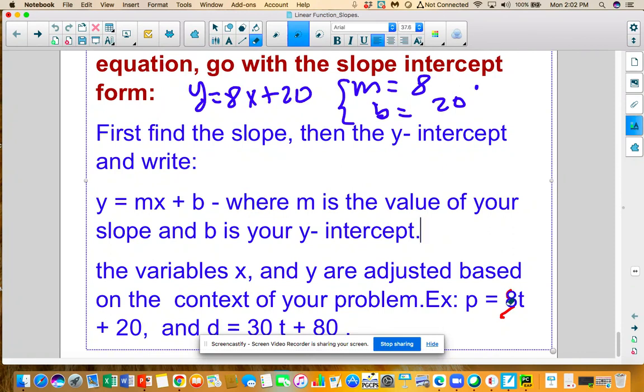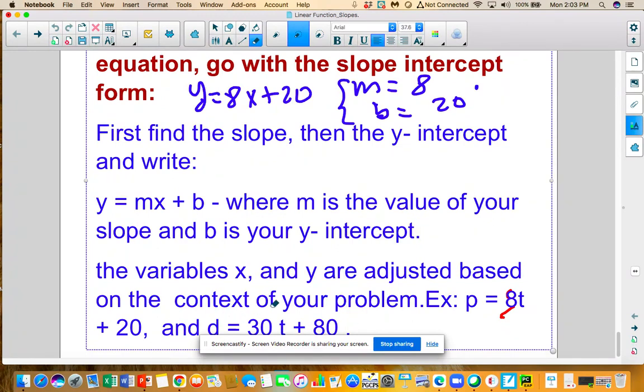So I identify my slope as 8, and the base salary, the starting salary, is 20. So that's 8 times t plus 20. That's the form mx plus b.